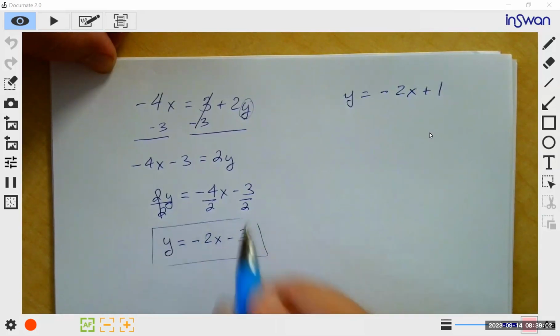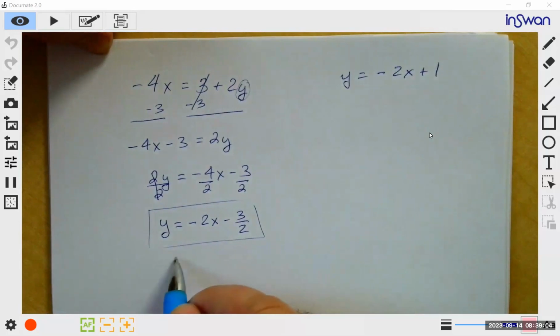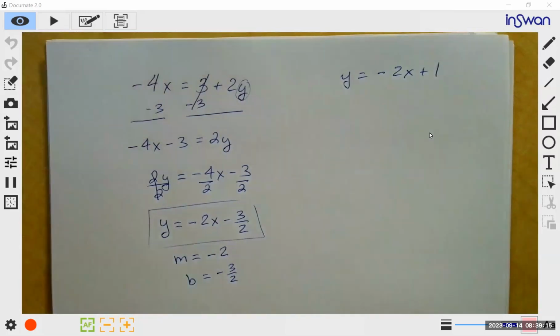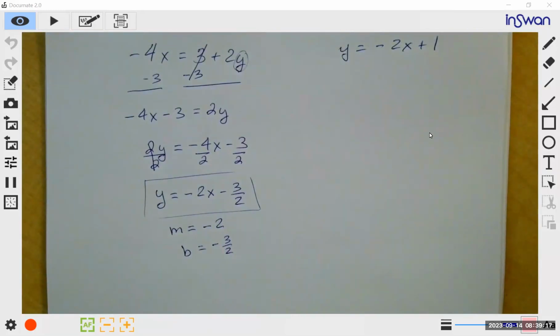So there's this one. The slope is negative 2. The y-intercept is, what's the location of the y-intercept? Location. I want the coordinates.